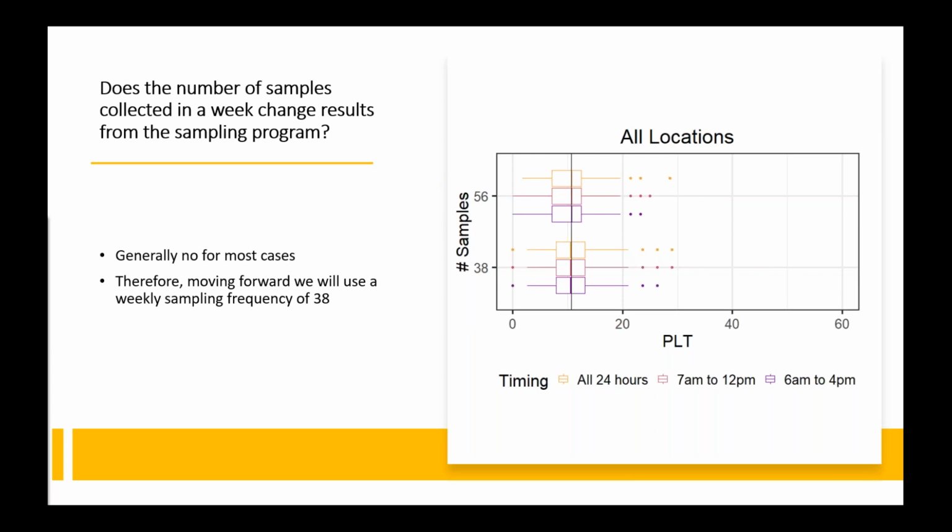I compared 38 samples for this network, which would be the scaled-down minimum number of weekly samples that should be taken, and then a scaled-up version of that at 56, to say, what if we took just a few more samples? Would we see a different result? The answer to that question is, most of the time, not particularly. Because of that, moving forward, I'm going to be using the sampling frequency of 38.